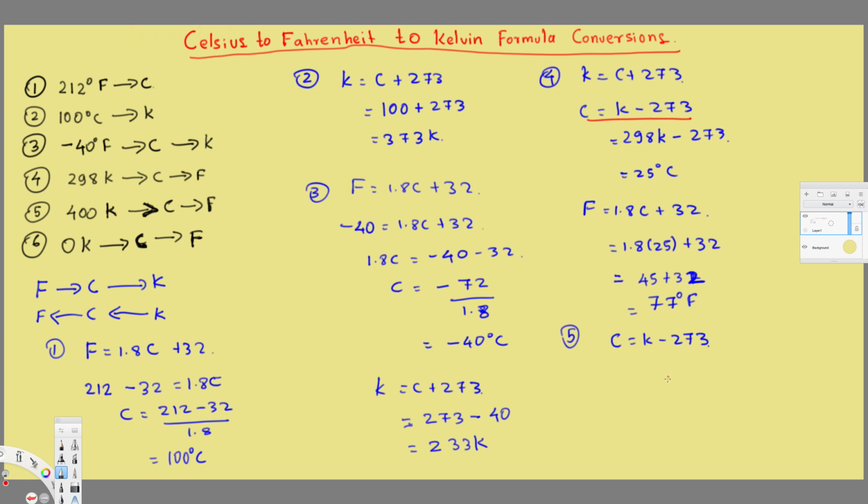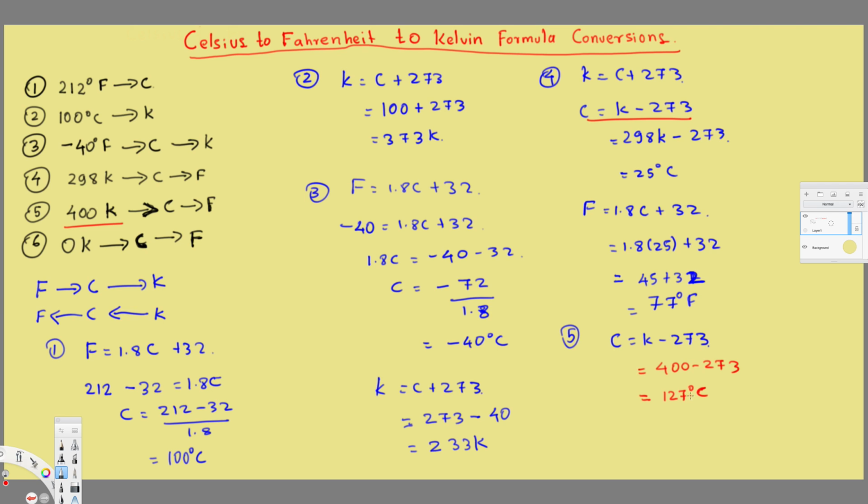K is provided in the fifth one, that is 400 Kelvin. 400 minus 273, and that's going to be equal to 127 degrees Celsius.